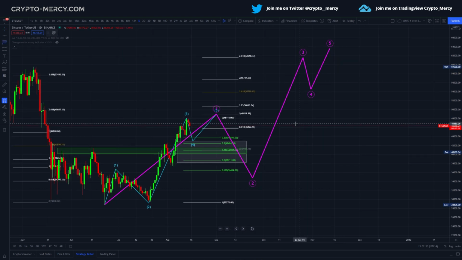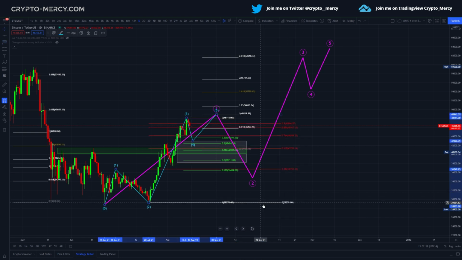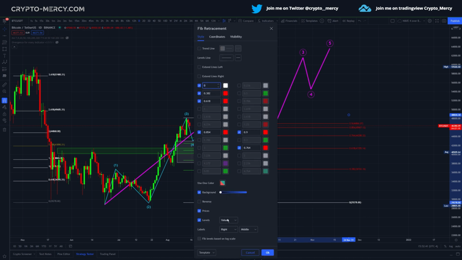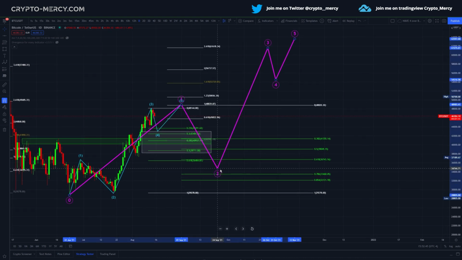And now we will place the most possible retracement fibs for a wave 2. And you will see that the 0.382 at 41.3K, the 0.5 at 39K, the 0.618, the golden fib, at 36,743.